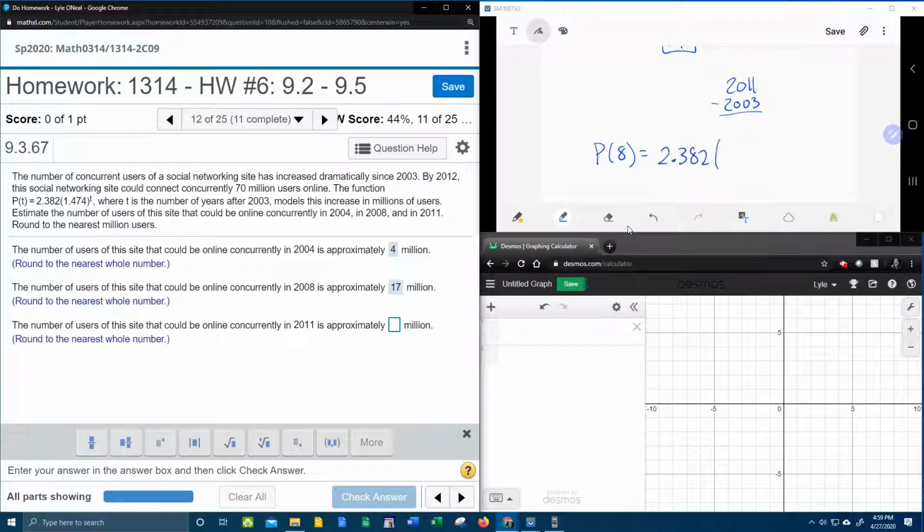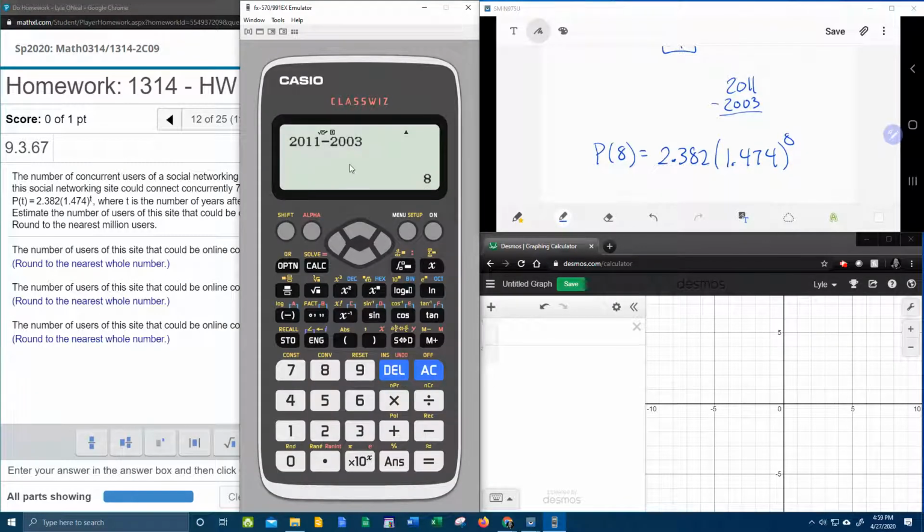And that's going to be 2.382 times 1.474 raised to the 8th. And again, with our handy dandy calculator. Now notice I did another calculation, so that calculation isn't there. I think if I hit the up arrow, it'll bring that back up. And then what if I hit the back arrow? Oh, how cool is that? Delete and 8.